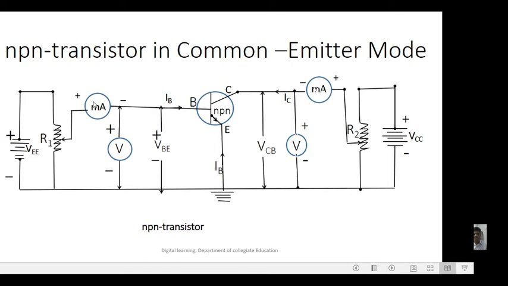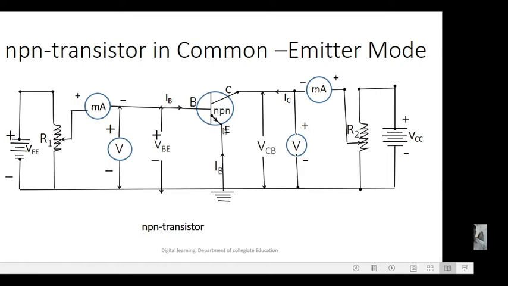A milliammeter measures the current flowing through the circuit and the transistor, and another milliammeter measures the collector current flowing into the transistor.